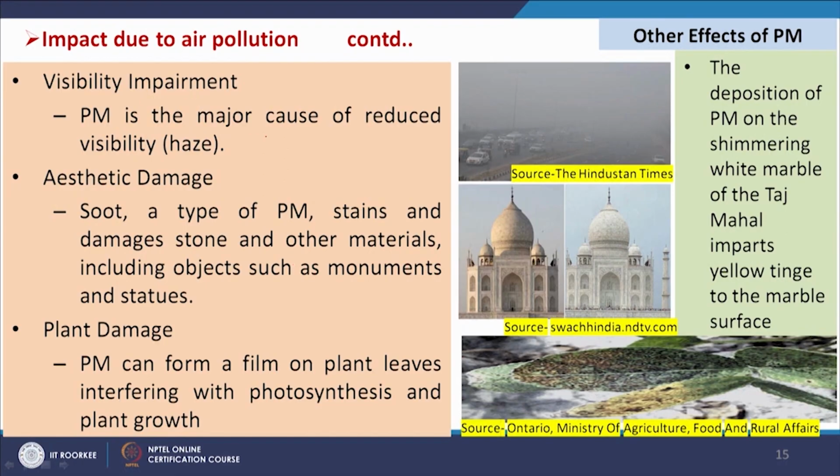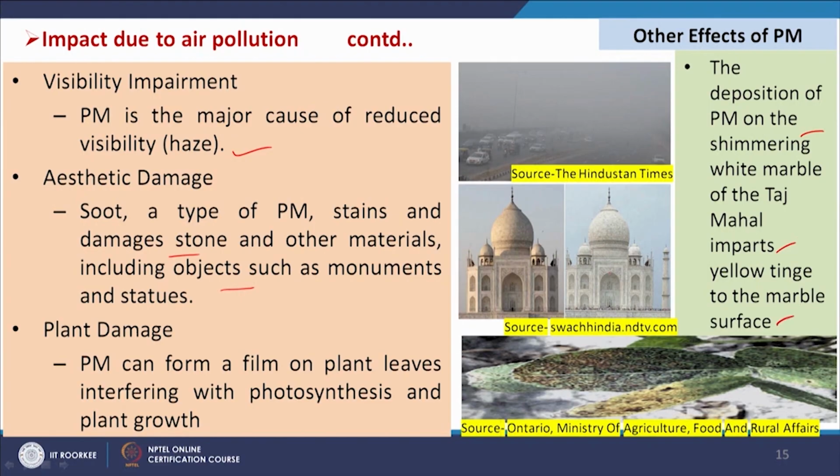So, particulate matter is the major cause of reduced visibility and aesthetic damage. Soot, a type of PM, stains and damages stone and other materials, including objects such as monuments and statues. You see the deposition of particulate matter on the shimmering white marble of the Taj Mahal imparts a yellow tinge to the marble surface.